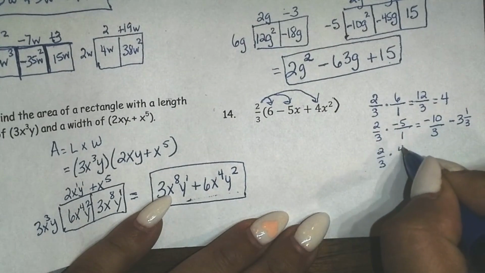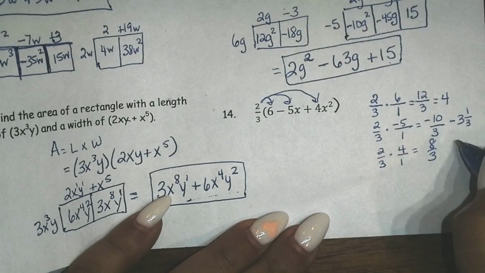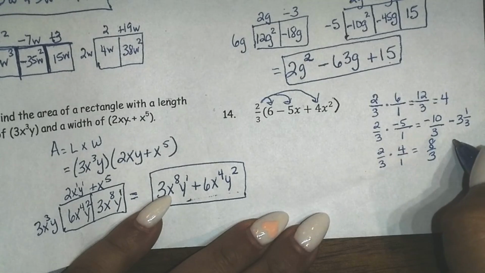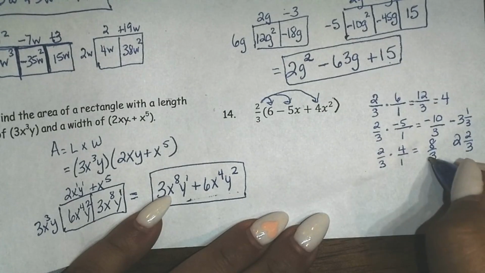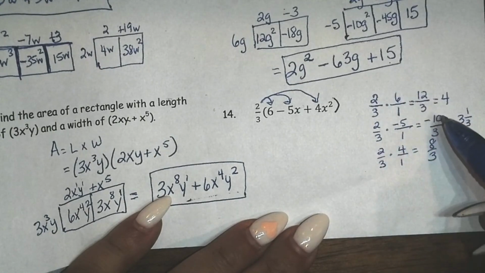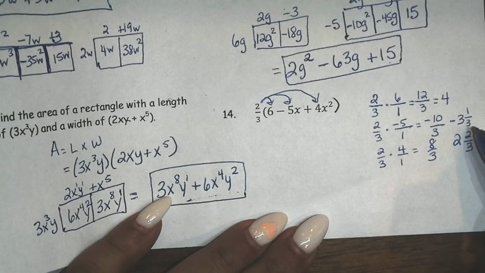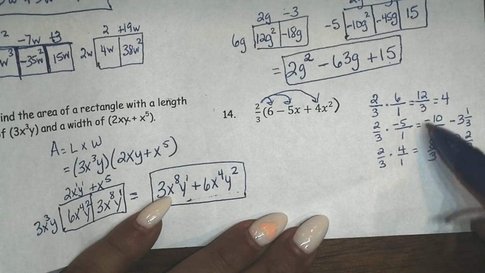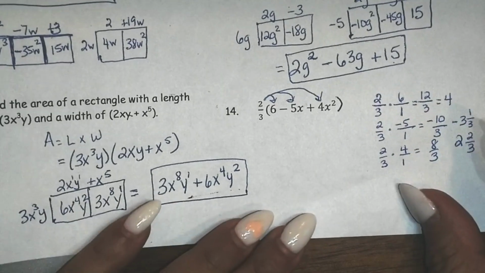Now when you multiply 2/3 times 4, you get 8/3, or again, this could be rewritten as 2 and 2/3, because 2 times 3 is 6, and 8 minus 6 is 2, so you'll have 2 left over when you divide that. And 3 goes into 10 3 times, because it's a 9, and you'll have that 1 left over. So know how to change your improper fractions into mixed fractions.